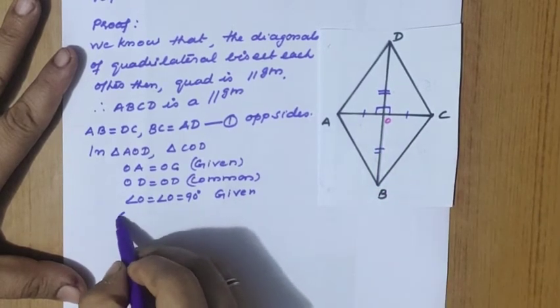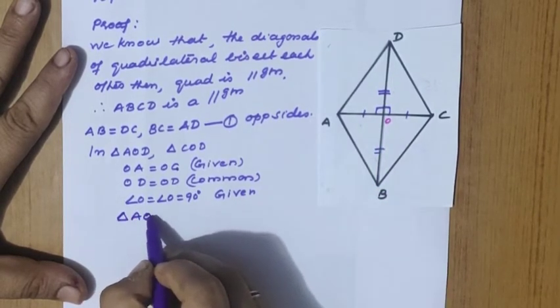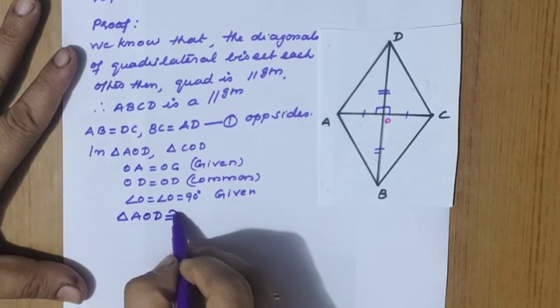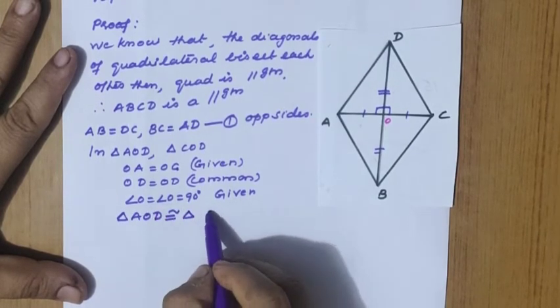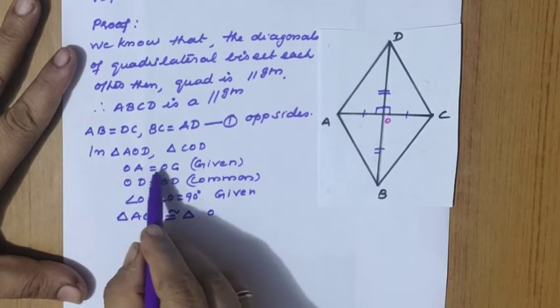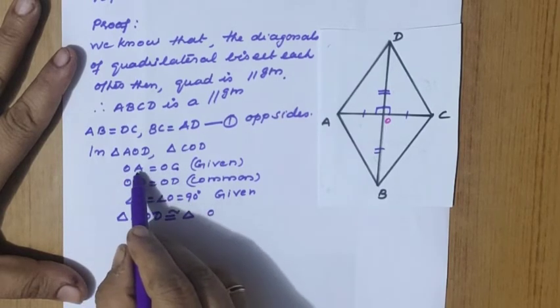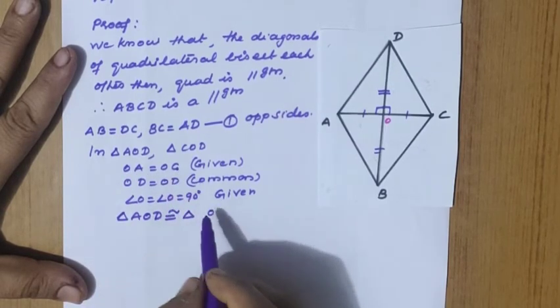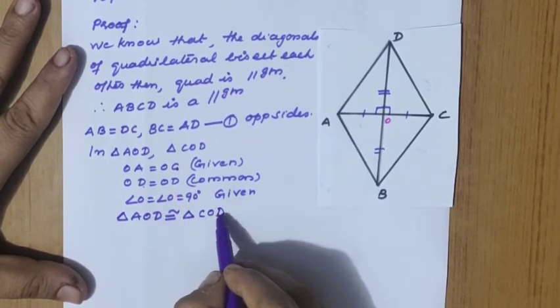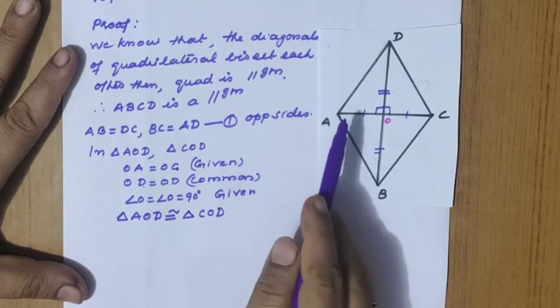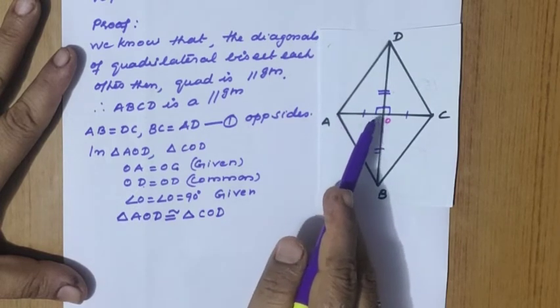So we can write here triangle AOD is congruent to triangle COD. For O it is O only. So O is having correspondence with O, then A is having correspondence with which letter? C. So naturally D is having correspondence with D. Now again I will tell that you must check the angle in one triangle at least.